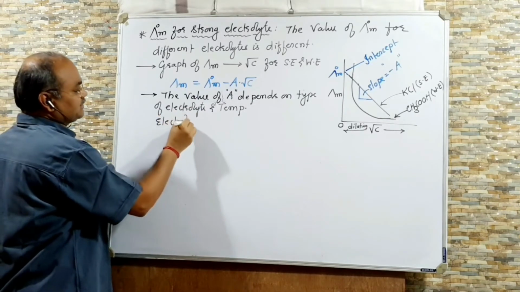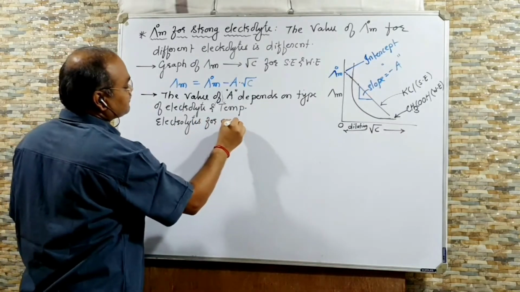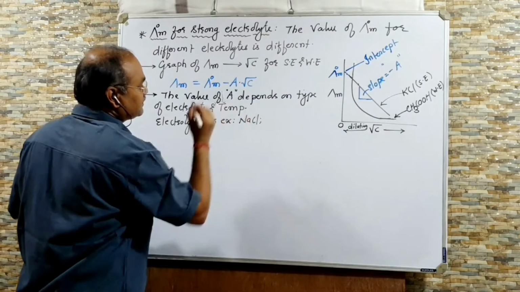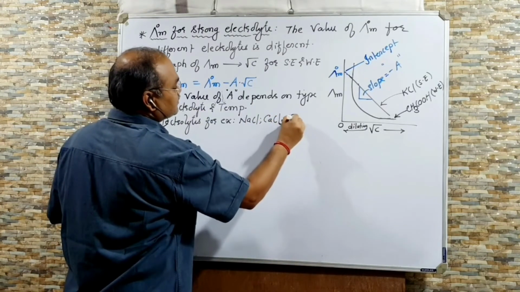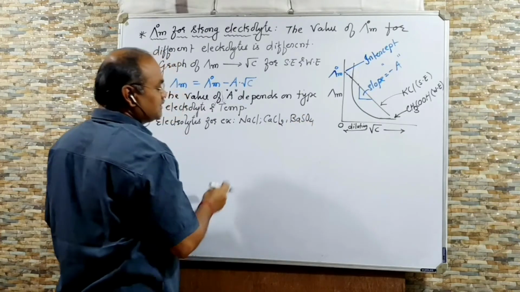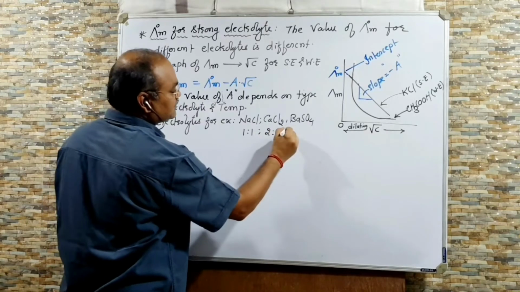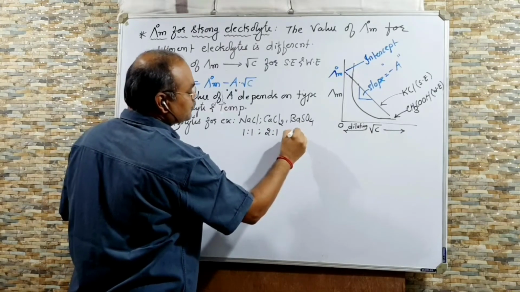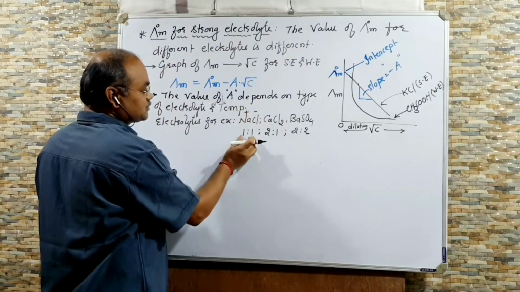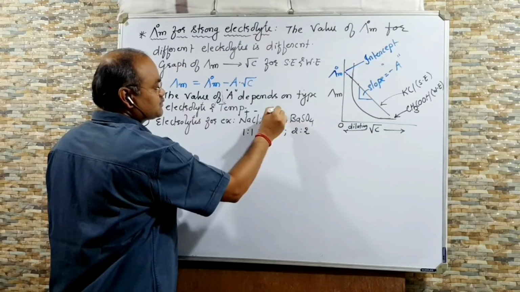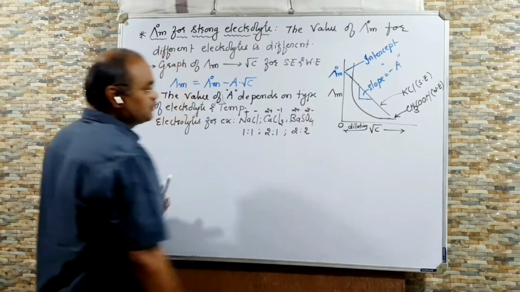What type of electrolyte? Electrolytes, for example, you can take NaCl, you can take calcium chloride, and you can say barium sulfate. Now this is 1:1, this is 2:1, and this will be 2:2 in terms of ions. You can see 1:1. This is plus 2, this is minus 1, 2:1. This is plus 2, this is minus 2, 2:2.